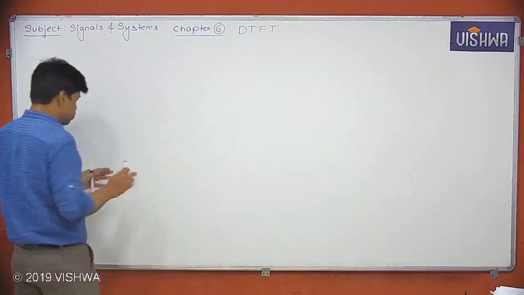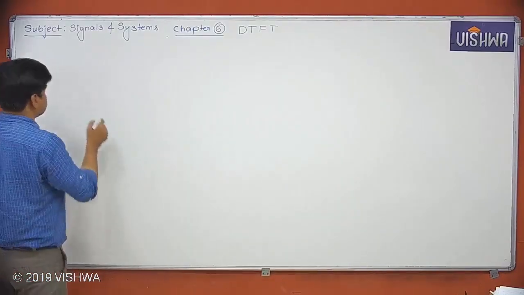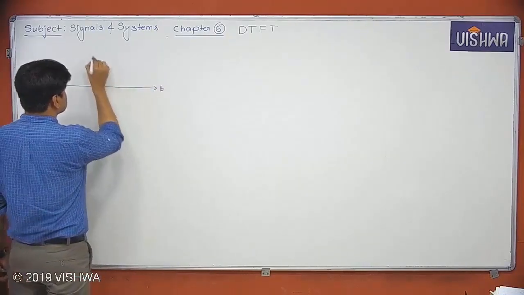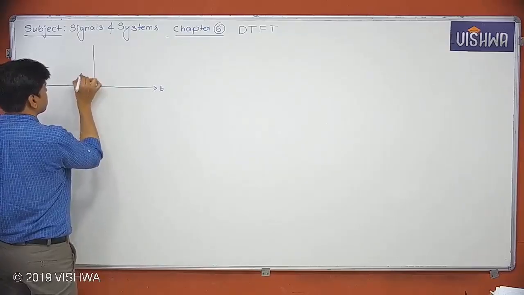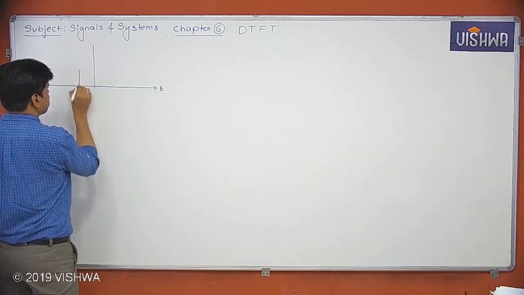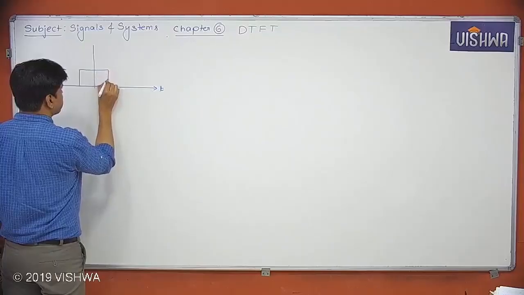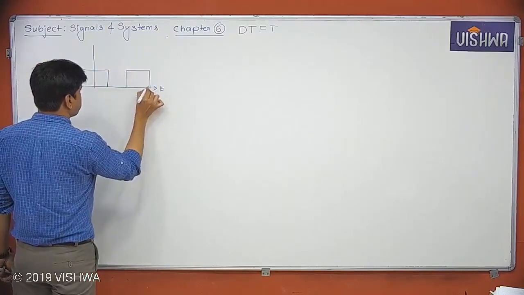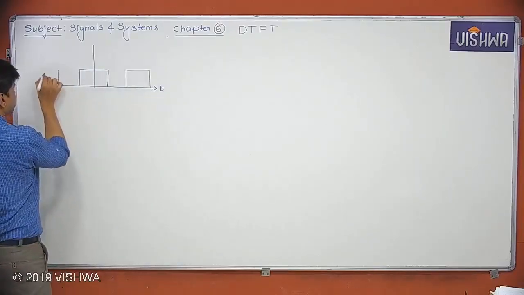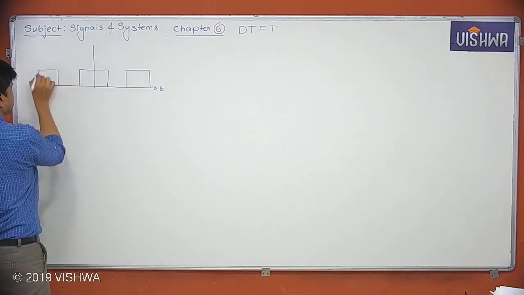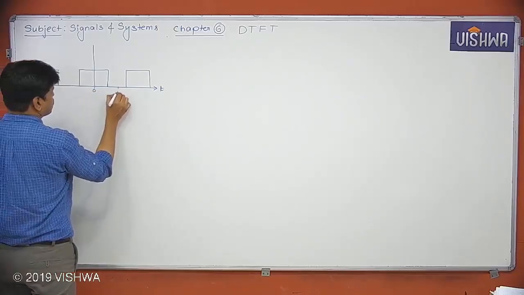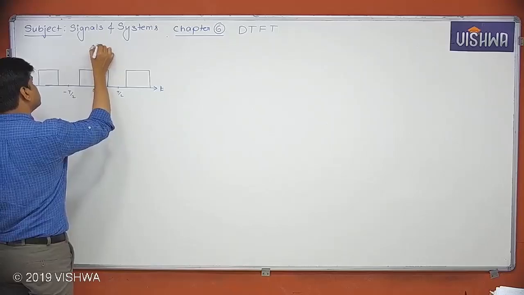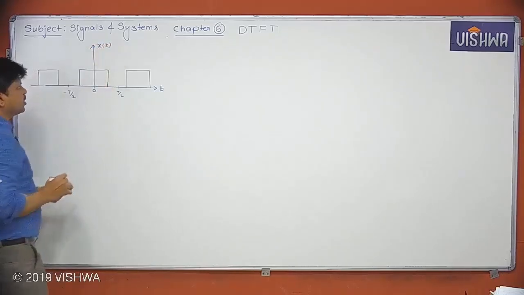Let's say what we know. We know some of the things like this. Let's say this is a periodic signal and a continuous time signal.